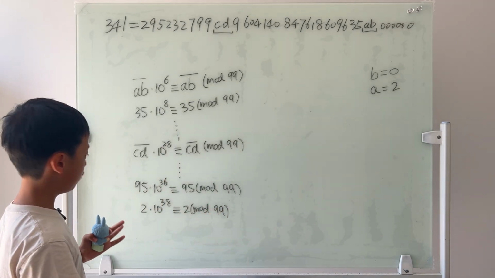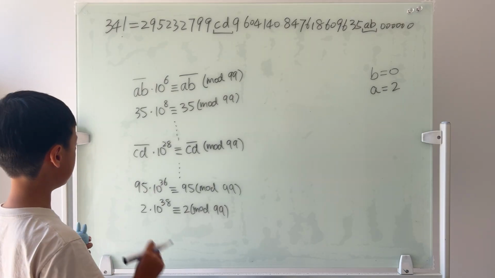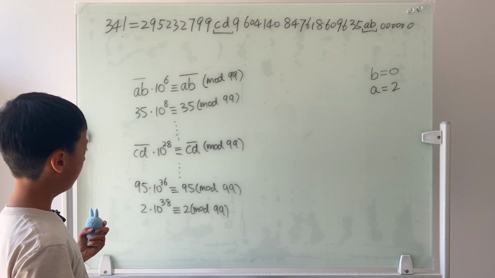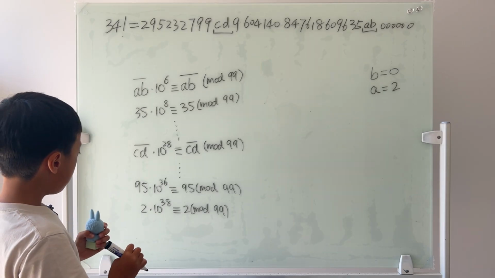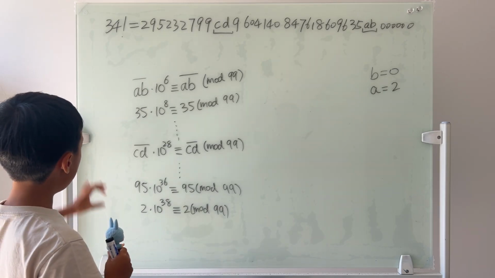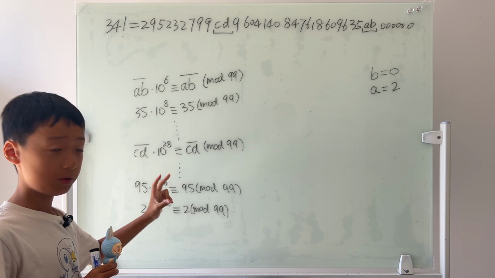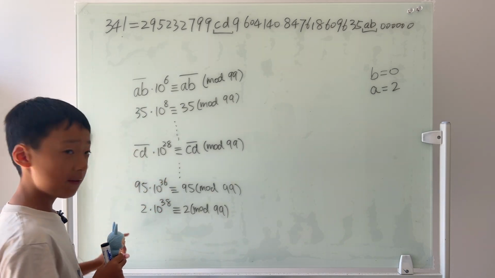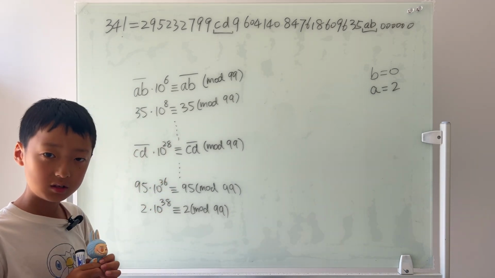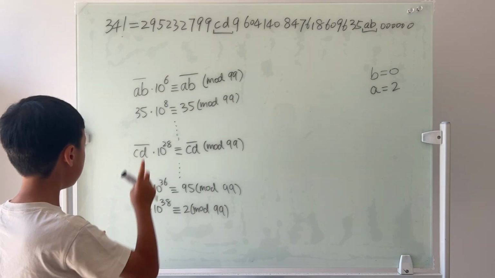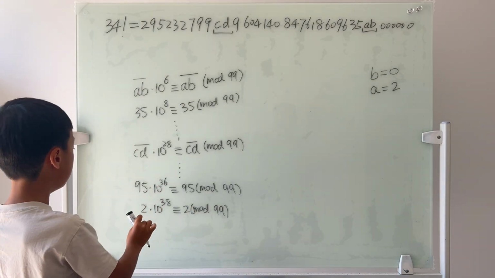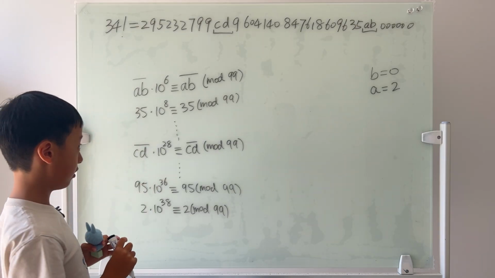Well, as we see, we have already dug out our CD. Well, what do we do from now? Well, remember our last video where when we got to this step, we added all of them on the left-hand side and on the right-hand side. So we're actually going to do that. So the left-hand side, if we add it up, then it'll just be 34 factorial.